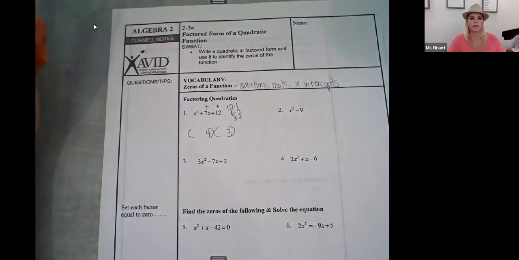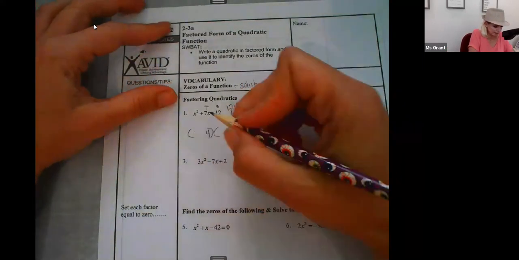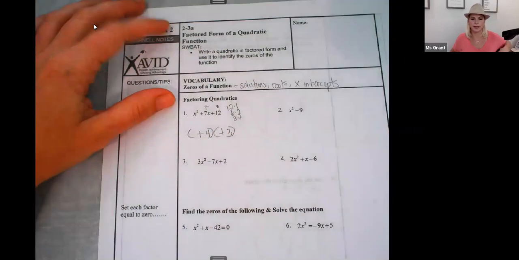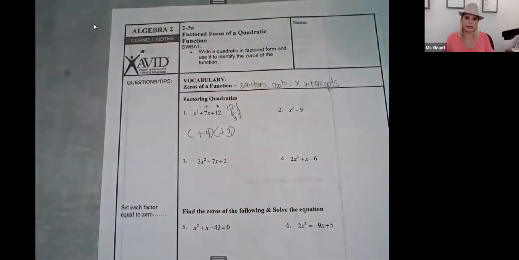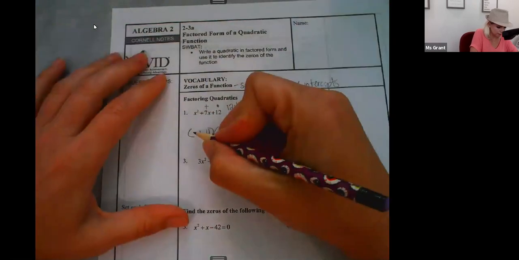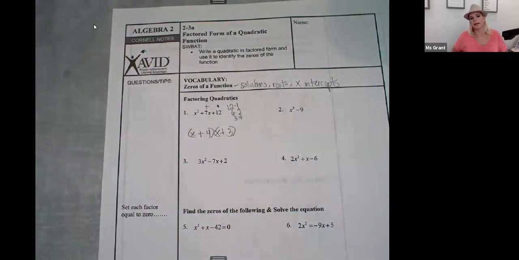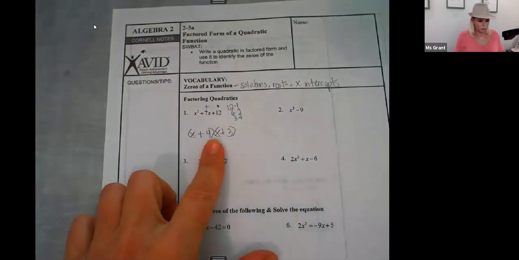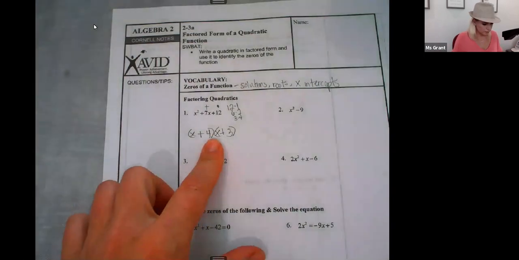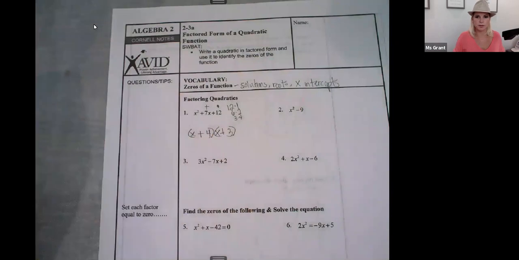I want a positive 12 and a positive 7. They're both going to be pluses. And my variable is x, so x plus 3, x plus 4. That is how you factor a quadratic. If you multiplied it, you would get what you started with, x squared plus 7x plus 12.